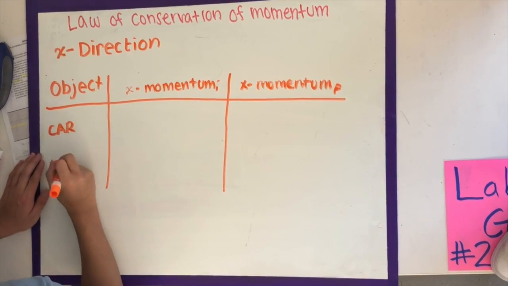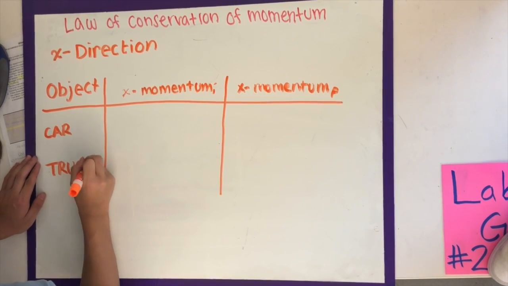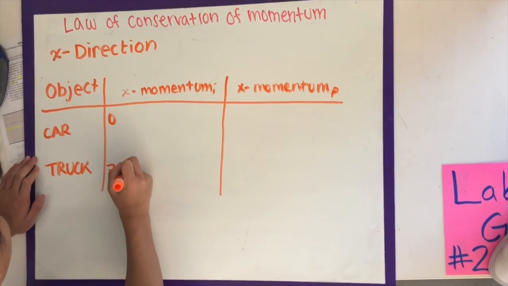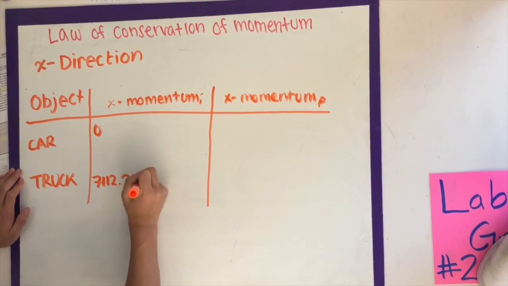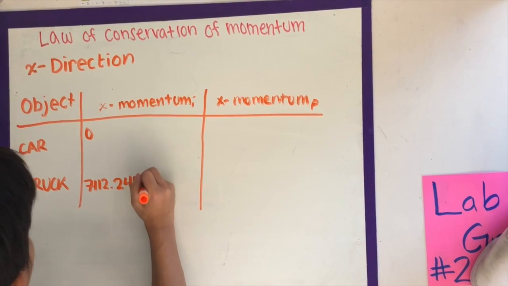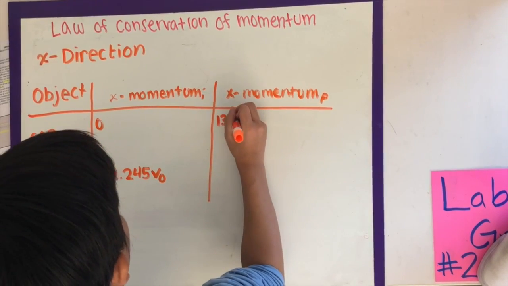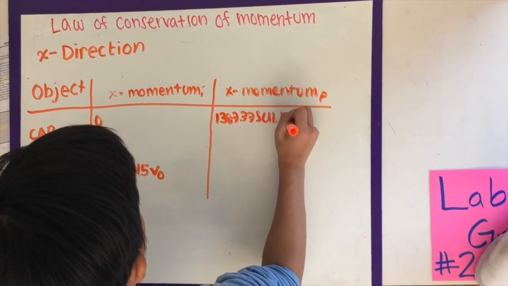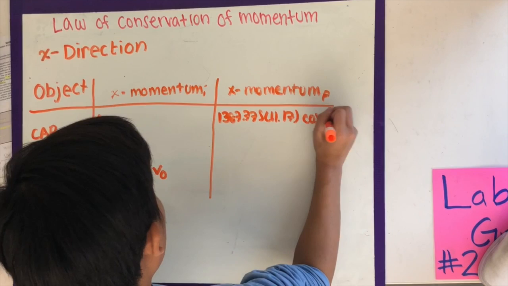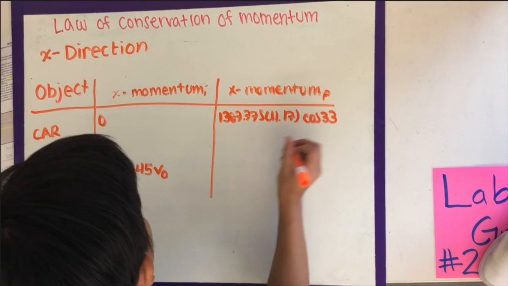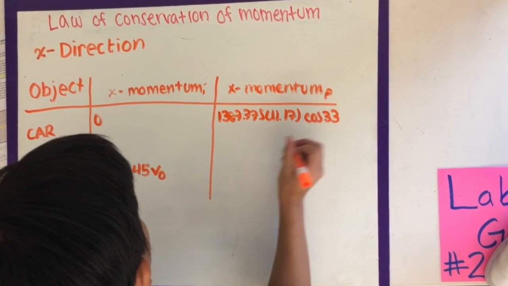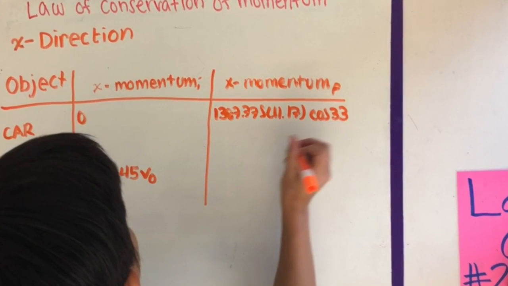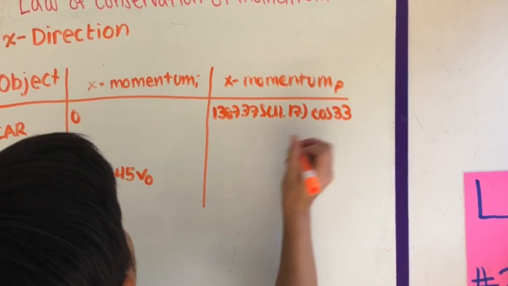So we can simply find that by setting up the expression of its mass times velocity, or 7,112.245 times its initial velocity. Now, if we look at the diagram and look at its final x momentum, we can see that the car has a final x momentum of 1,387.775, which is its mass, times its velocity, 11.17 meters per second, times the cosine of the angle with which it skidded.